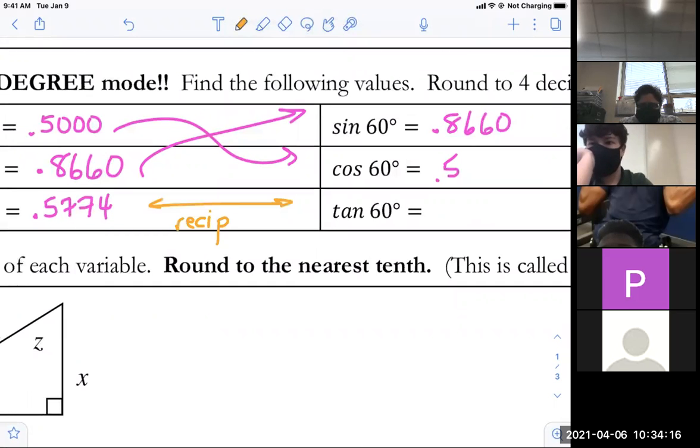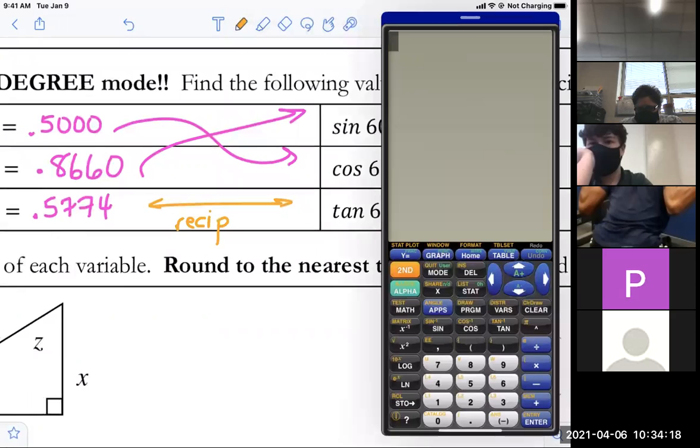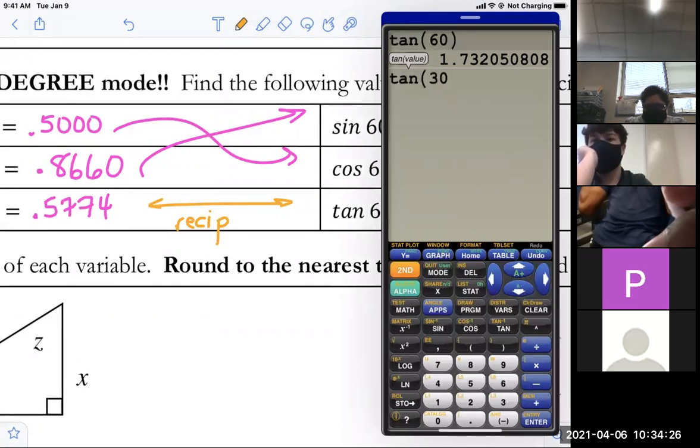So you can go ahead and just type in tangent 60. That's perfectly fine. But if you had typed in tangent 30 before, there's a button on my calculator, right there, that says x to the -1. That means reciprocal.